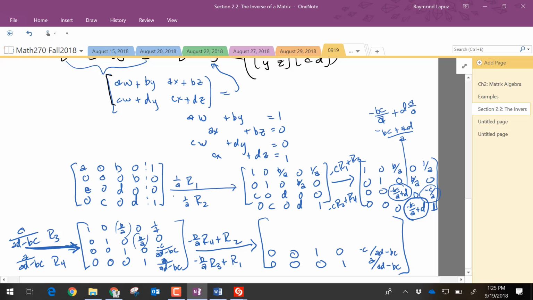We multiplied this by negative C over A times A over AD minus BC. All right, let's try the second row. I have 0, 1, 0, and this is going to become 0. But what actually happened here? I needed to multiply the fourth row, A over AD minus BC, by negative B over A. So the A's would cancel, and then I have a negative B.